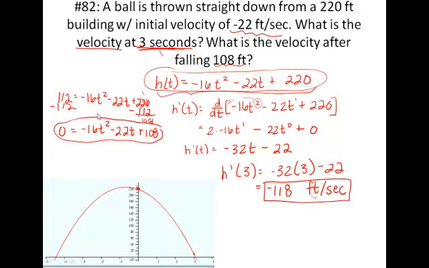So you're going to need to find out what your t is by using t equals opposite of b plus minus square root b squared minus 4ac all over 2a. When you find your t, you're going to get a negative value and a positive value. You want the positive value, and then whatever that time is, you're going to do the same thing. Plug it into your function that you found that will give you the derivative, or in other words, the instantaneous velocity at any given time.